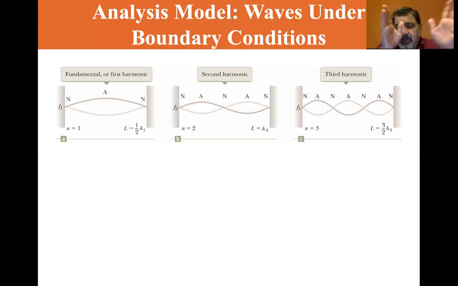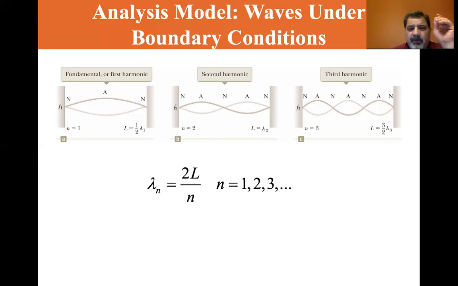The length is equal to the lambda of the second harmonic, and it's going to be twice the frequency of the fundamental. And then the third harmonic, n equals 3, you have 1, 2, 3, 4 nodes and 3 antinodes. And so n equals 3, and L is equal to 3/2 lambda 3 for the third harmonic.